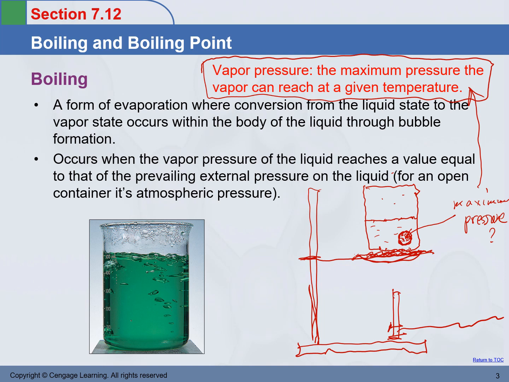Remember, we haven't started heating yet, so right now the temperature is room temperature. If that bubble forms, the maximum pressure inside that bubble will be the vapor pressure of water. How do you know that? We just did the experiment in the last episode, the evaporation experiment.